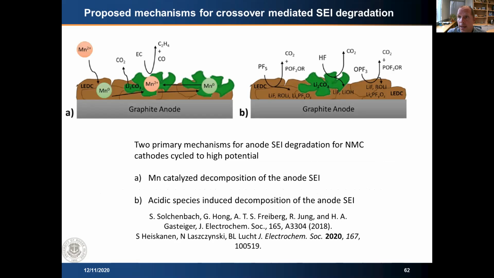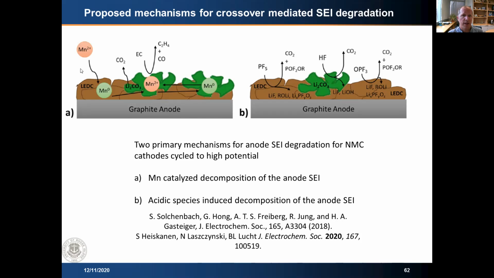And a lot of it relates to damage to the surface of the anode and to the SEI on the anode. And there's basically two different mechanisms that have been proposed for this. One is really focused on transition metal damage to the anode SEI, and the other is focused on the damage to the anode SEI by the presence of acidic species, such as phosphorus oxyfluoride.